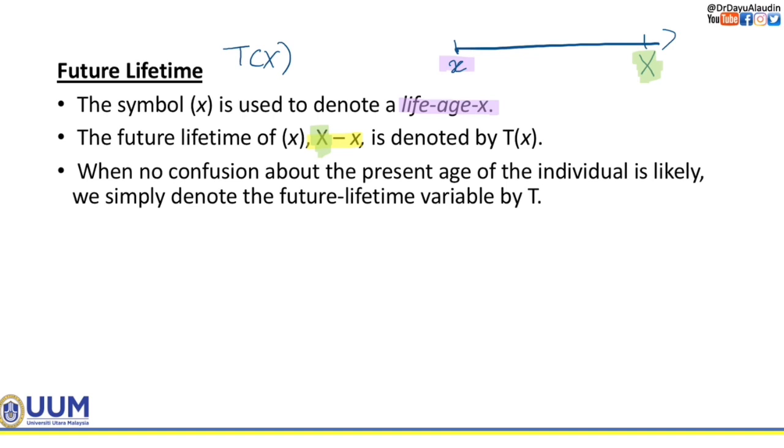Age of death. So to know the future lifetime of (x), we have to take the age at death, the big X, minus the current age. This is the age at death.